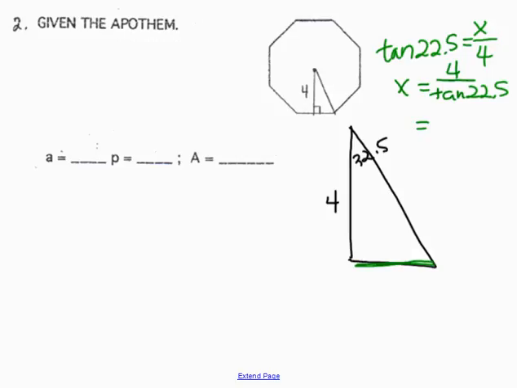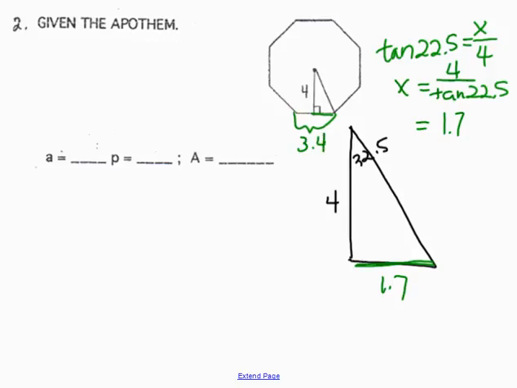And that equals 1.7. Okay, well, that's this piece, but we want the whole thing. So the whole thing is going to be 3.4.